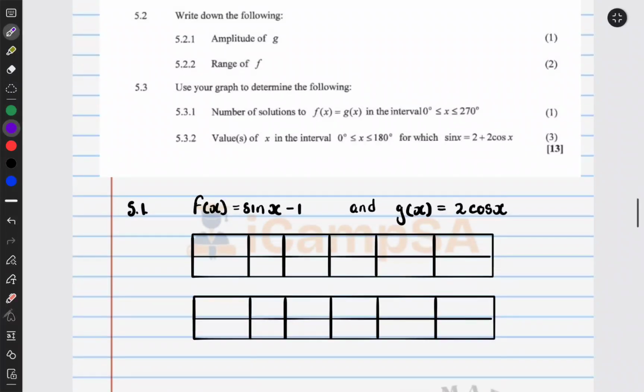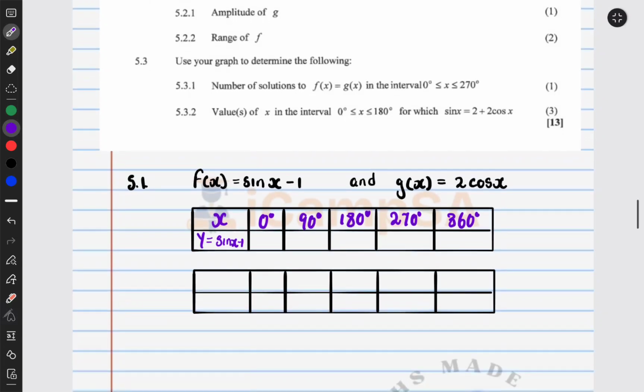First one, x is 0 degrees, 90 degrees, 180 degrees, 270 degrees, and 360 degrees. The first one is the sine function, so y is equal to sin x minus 1, and the other one is the function g, with x as 0, 90, 180, 270, 360 degrees, and y is 2 cos x.